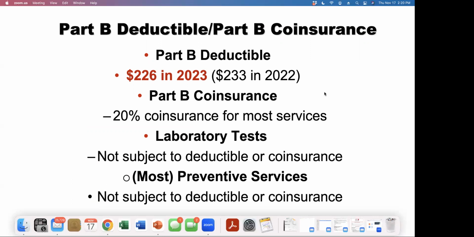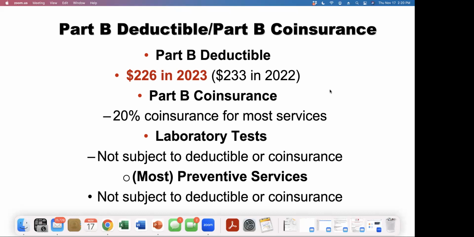Okay, so let's talk about the Part B deductible and Part B coinsurance. Your Part B deductible will be $226 in 2023. And once you meet that deductible, you're subject to Medicare's Part B coinsurance, which is 20% for most services. That means that Medicare typically pays 80%.